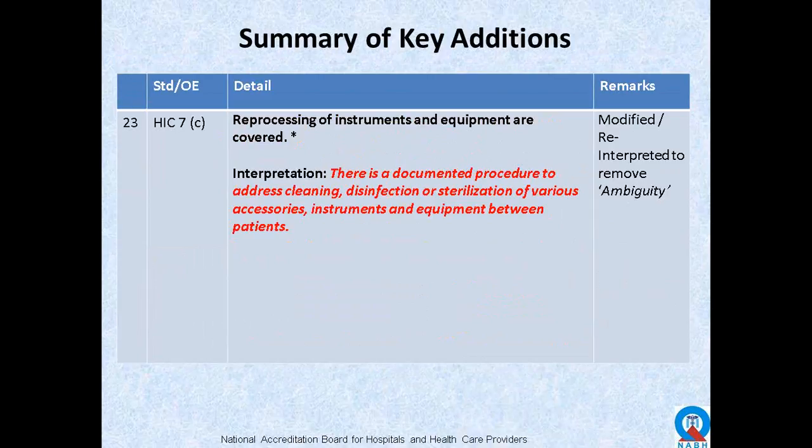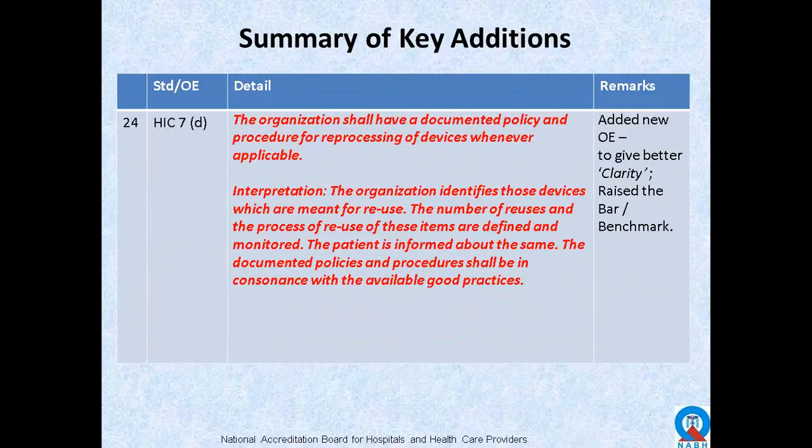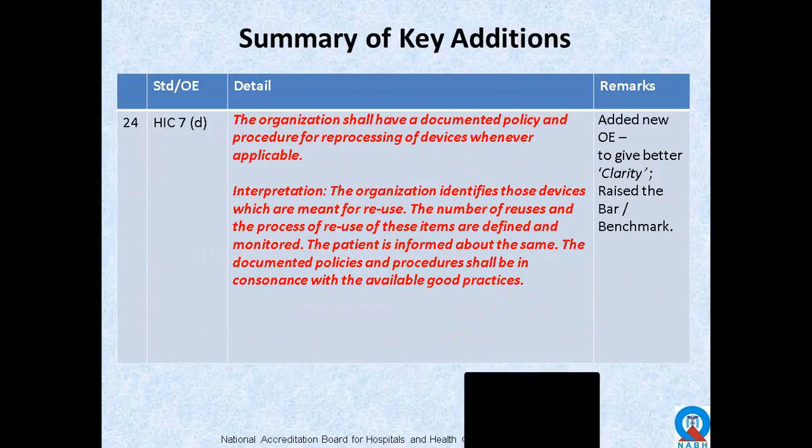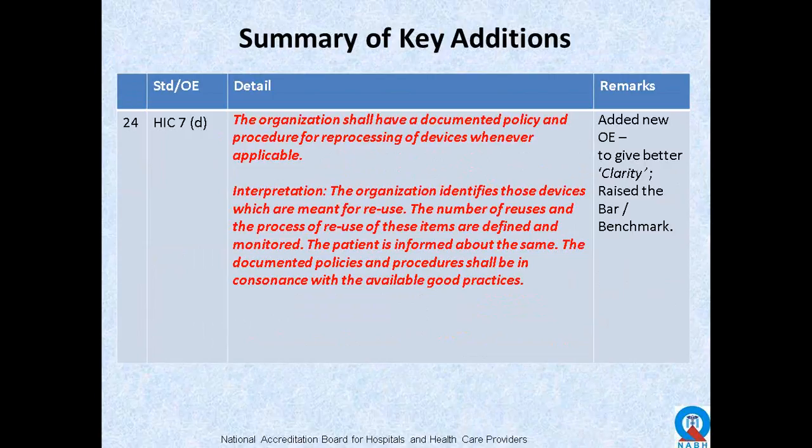After using an endoscope, you need to reprocess that equipment or instrument before you use it on the next patient. So between the patients, what you need to use, how long you need to keep, that comes under here. Whereas this is for reprocessing of devices where applicable. So the devices where you need to reprocess them, that is something that is covered here.